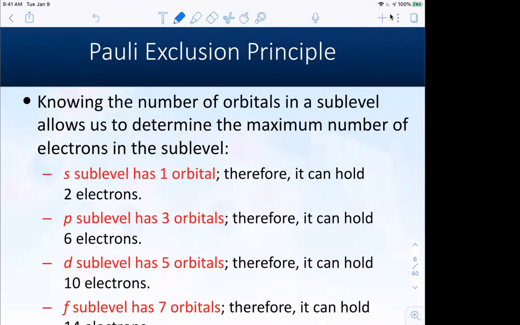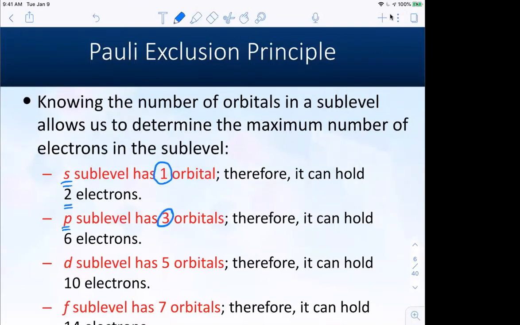But knowing the number of orbitals in a sublevel allows us to determine the maximum number of electrons in any given sublevel. Again, the s sublevel has 1 orbital, so it can hold a maximum of 2 electrons. The p sublevel has 3 orbitals.